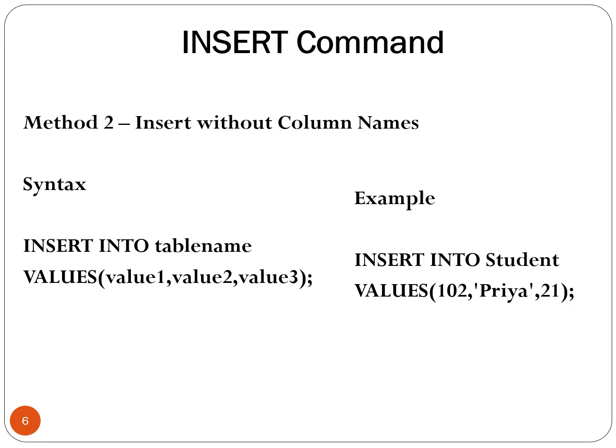For example, if we want to insert a row into the student table, this command inserts values 102, name of the student as Priya and the age as 21 into the student table. Please note, we do not have to mention the column names here.